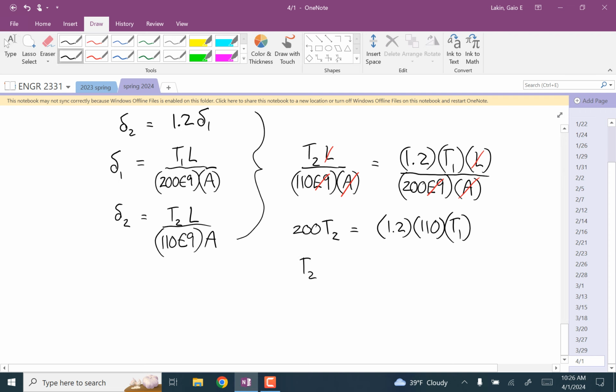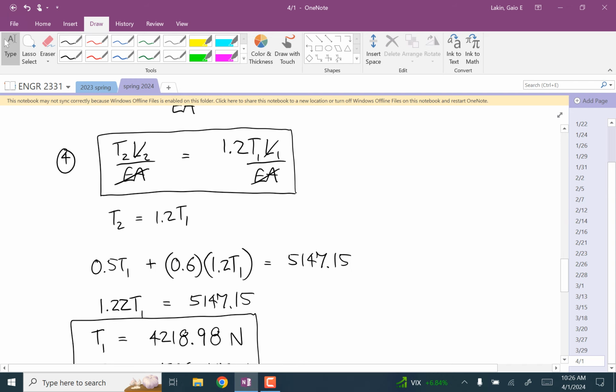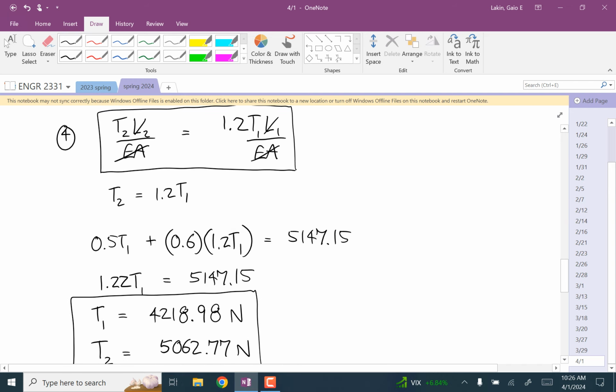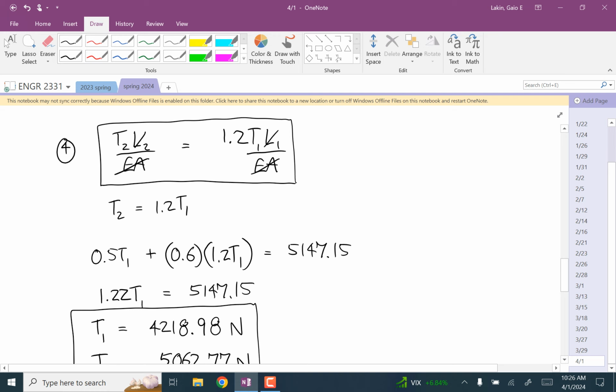And so T2 is equal to 0.66 T1. Remember in the first example, when they were the same material, we got that T2 is equal to 1.2 T1.